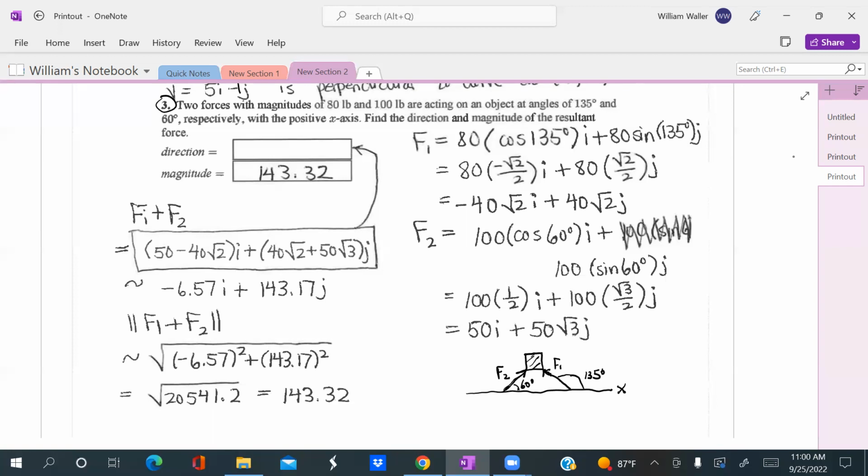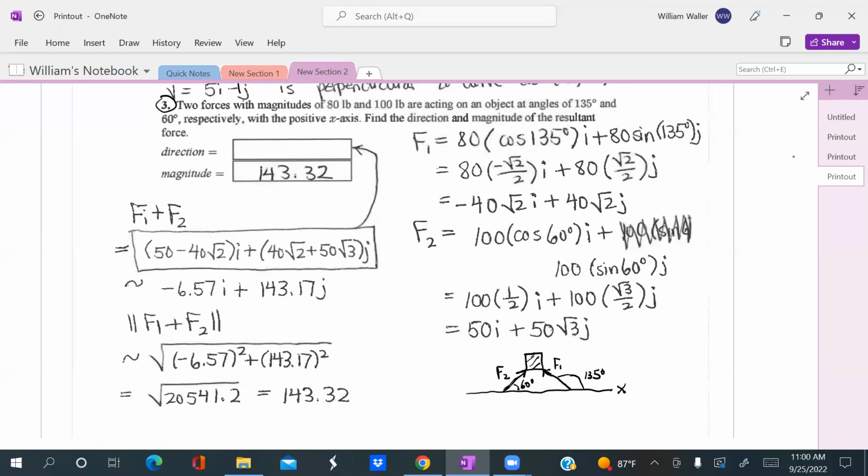That's easy to do because these, again, are special angles, so you can compute their cosine and sine in exact form. The cosine is 1/2, sine is square root of 3 over 2. Then just insert those two trig values into your formula and simplify, and you get that the second force is 50i plus 50 times the square root of 3 times j.